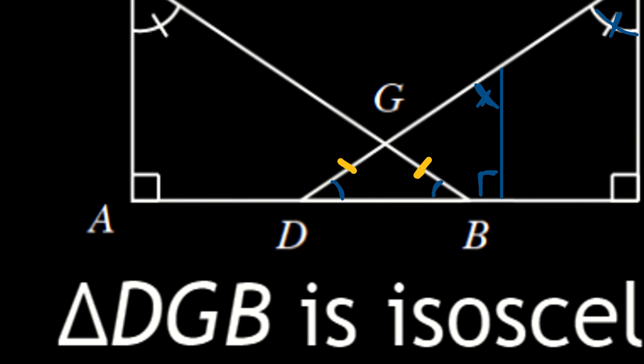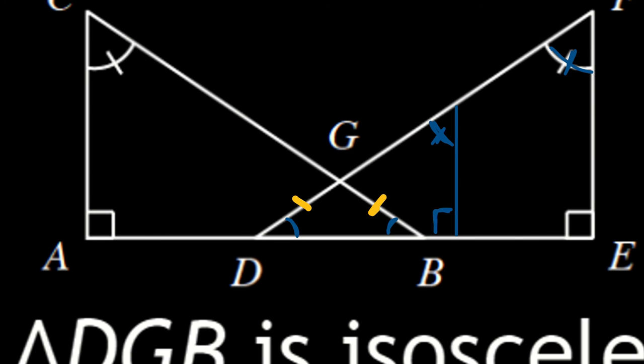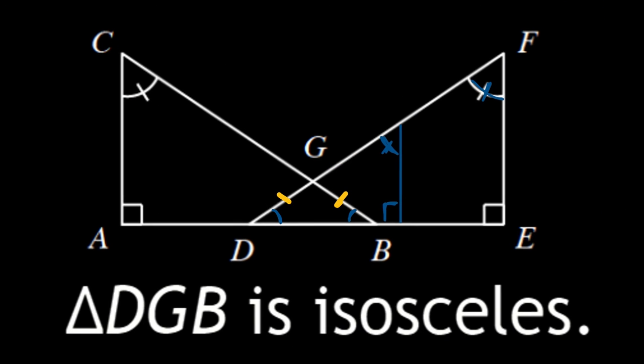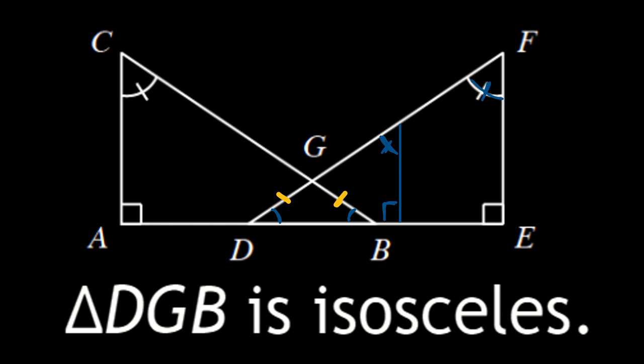So the problem I'm having is I really only have angle, angle, angle. I can talk about GD being congruent to GB, but that's not really a side in the whole triangle. So because, like I just demonstrated with the blue, they could be different sides, there's not enough information here for me to conclude that those are congruent triangles.